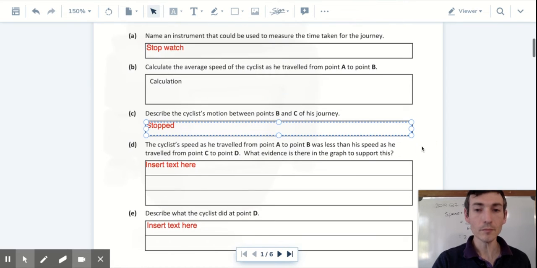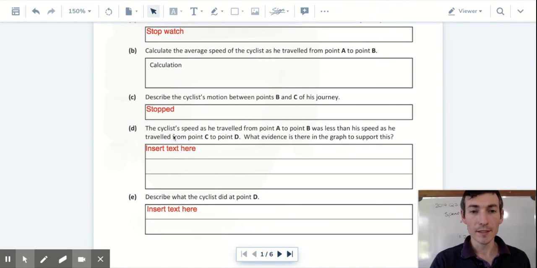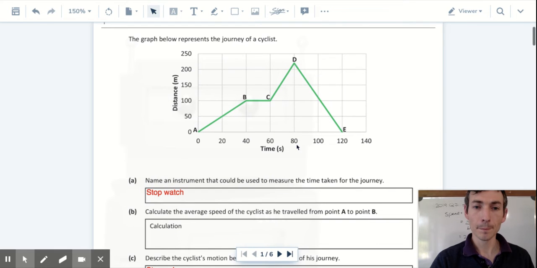Now, next part. The cyclist's speed as he travelled from point A to point B was less than his speed as he travelled from point C to D. What evidence is there in the graph to support this? Let's read that again. Pause the video for a second if you want and have a read. They are telling us that the speed is less going from point A to point B compared to going from C to D. There's one really big difference here.